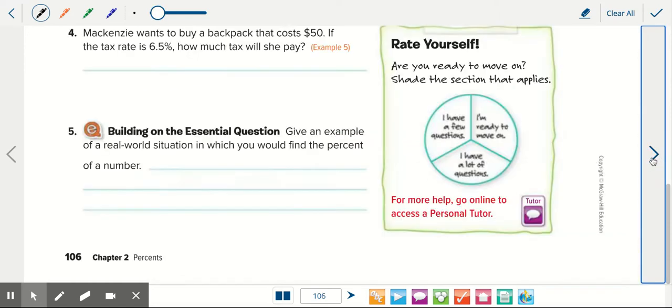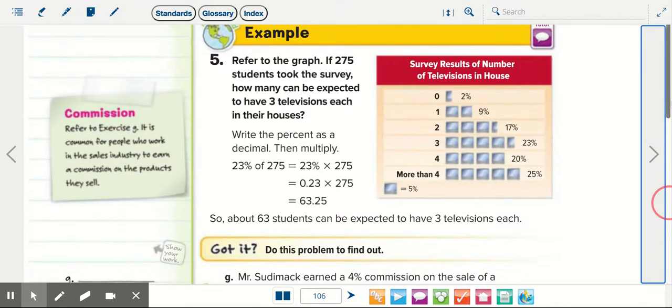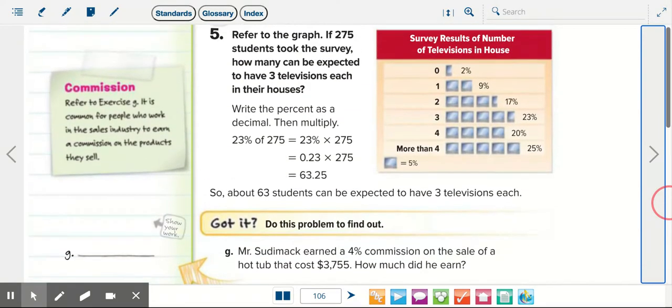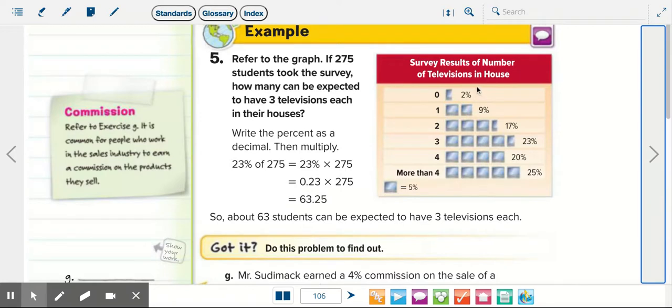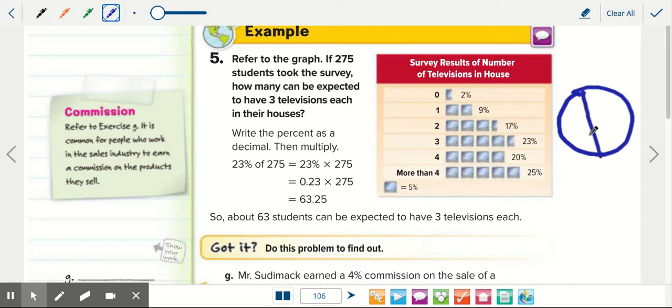All right, let's go ahead. Let's try and do a couple more. This is one of the reasons why you might need to do this. You might need to find percents of numbers, and that deals with graphs. So sometimes graphs give us percentages. Mostly, it's shocking that the book doesn't give us a pie graph, a circle graph, because usually the circle graphs are the ones with the percentages.